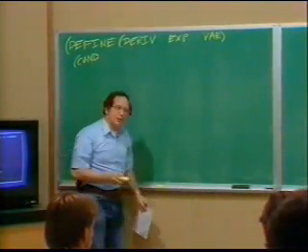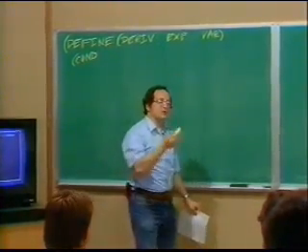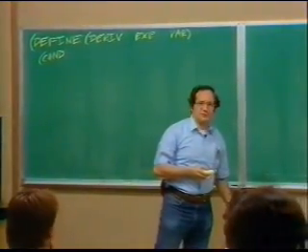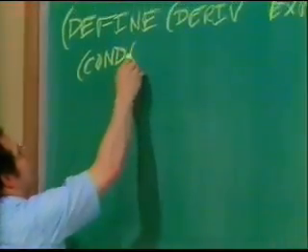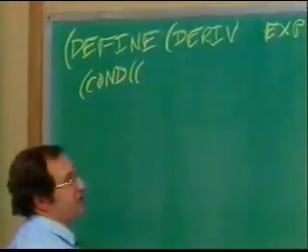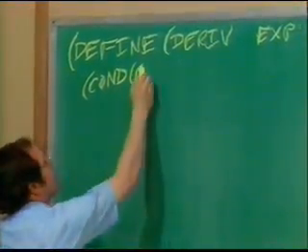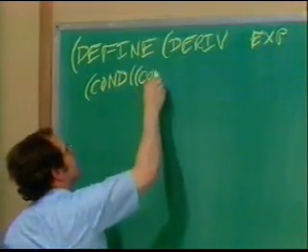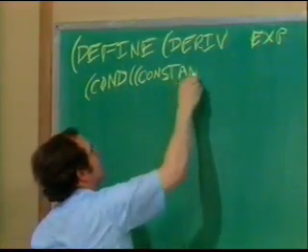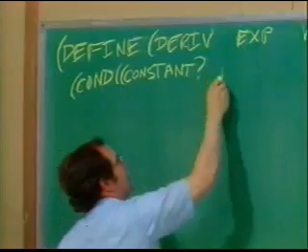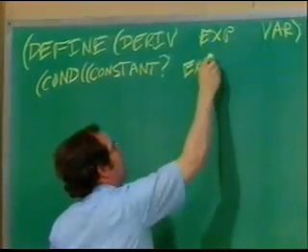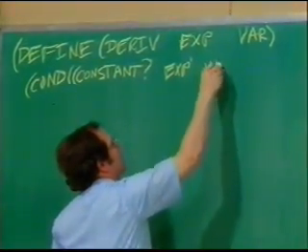Anytime we do anything complicated by a recursion, we presumably need a case analysis. It's the essential way to begin, and that's usually a conditional of some large kind. Okay? Well, what are the possibilities? The first rule that you saw: is the expression a constant? What I'm asking is, is the expression a constant with respect to the variable given?